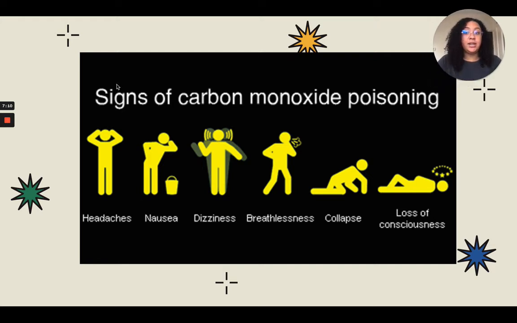Again, it's pretty common, so it's important to know these signs. It's also important to have a carbon monoxide alarm that is working in your home, so you know when that carbon monoxide is at a high level and it might affect you. Okay, so it might be some headaches, some nausea, you might feel dizzy or breathless, and then you could also collapse and lose consciousness.